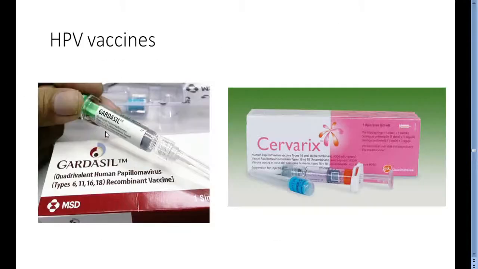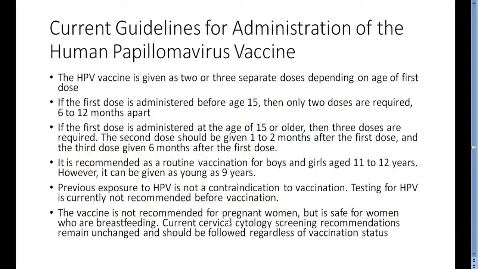Two common vaccines are Gardasil, a brand name, the quadrivalent human papillomavirus vaccine against types 6, 11, 16, and 18, high-risk viruses, and Cervarix, another one against only HPV types 16 and 18. But both of them are very effective for vaccination, for the control of this disease.